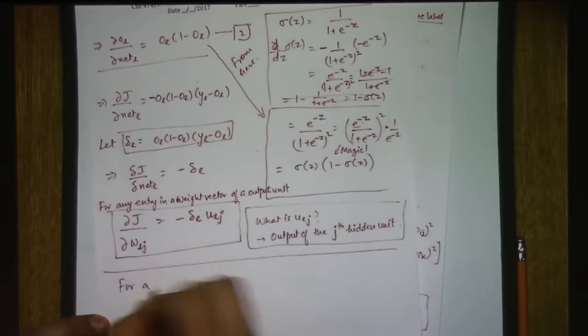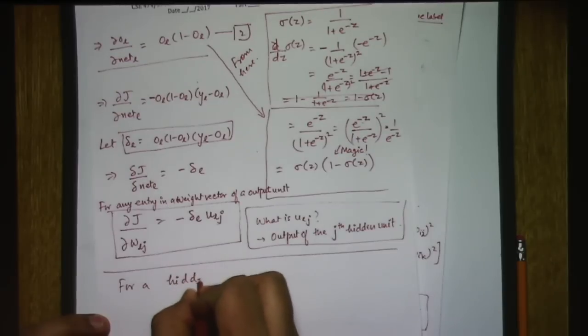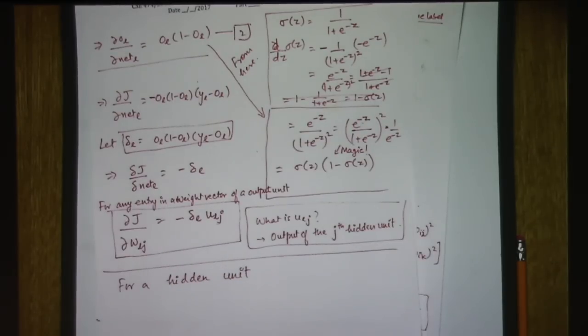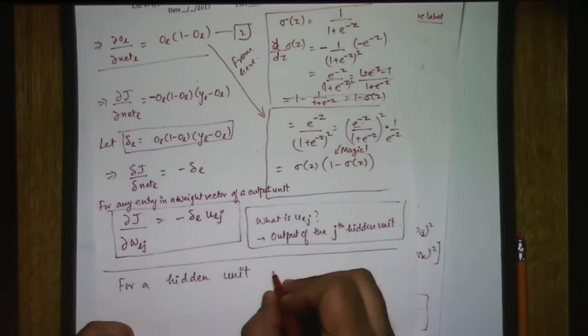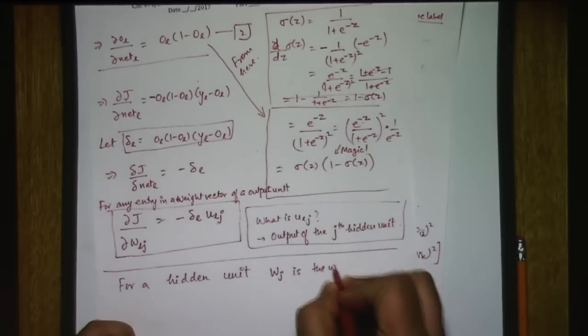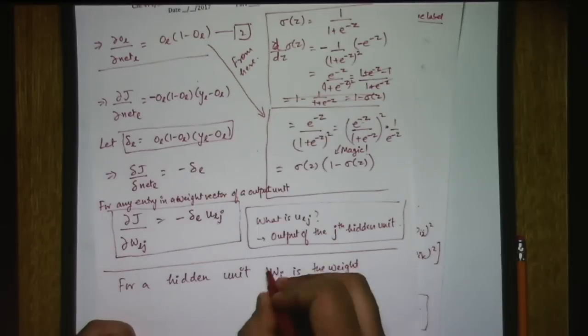a hidden unit. Let's say we have a hidden unit and we are going to use the subscript j for that one. So W_j is the weight vector at the jth hidden unit.